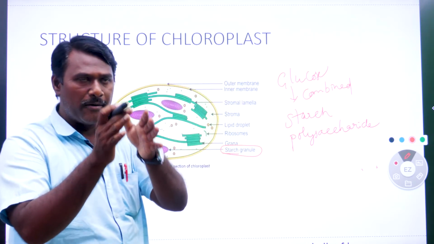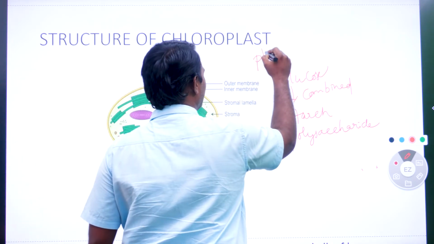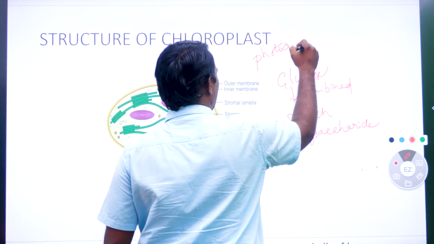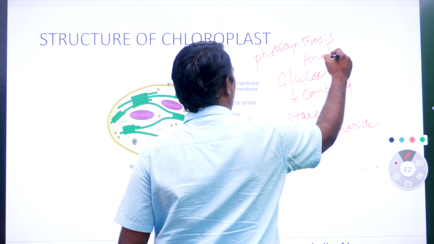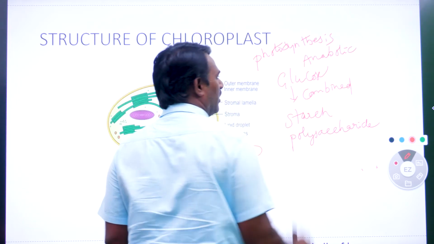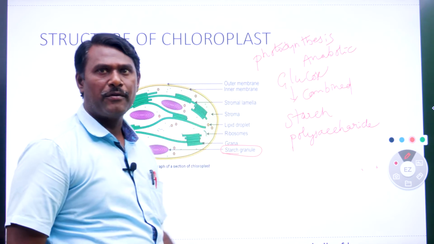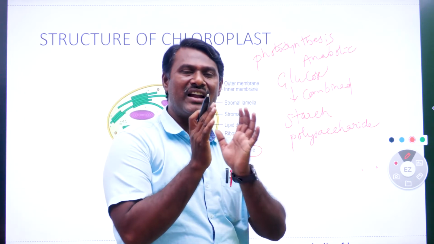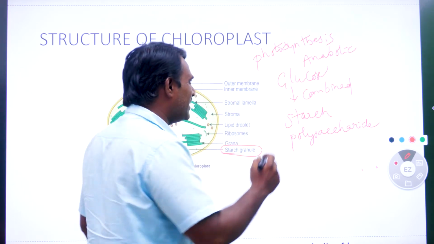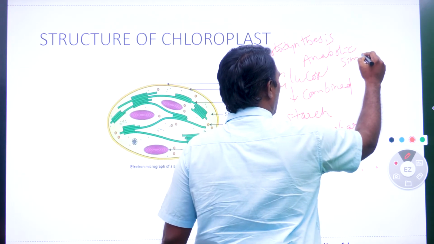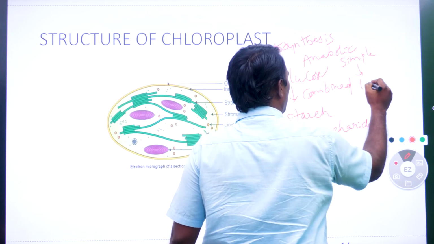Moreover, photosynthesis is an example of an anabolic pathway. Why is it called an anabolic pathway? Because anabolism means simple molecules are combined together to form a large molecule.